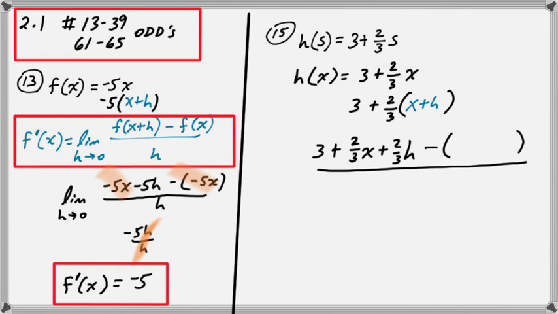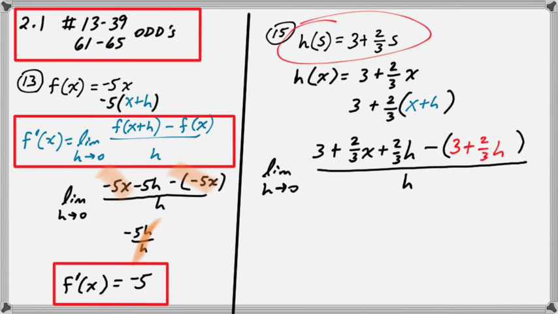Minus, again, always use parentheses. You're going to replace in what the original function was, which was this up here, 3 plus 2/3 x.